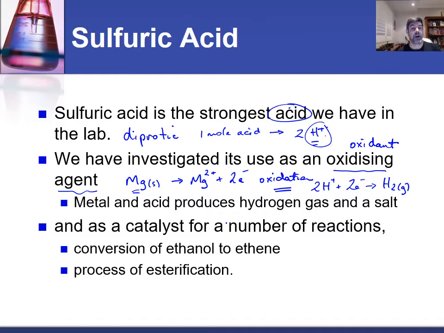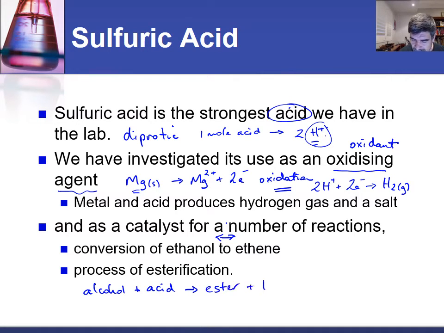The other one that's fairly common, of course, that we've looked at is when sulfuric acid acts as a catalyst, and it does this for a number of different reactions. We know that it's involved in the conversion either way, from ethanol to ethene or from ethene to ethanol, either in concentrated or dilute form. And it's also involved in the process of esterification. So when we add an alcohol to a carboxylic acid, then we produce an ester and water.